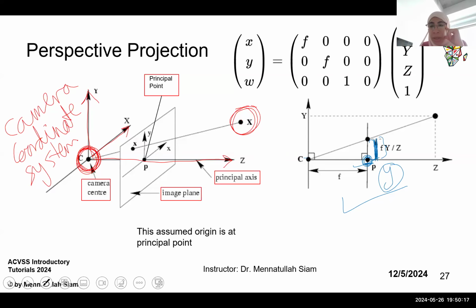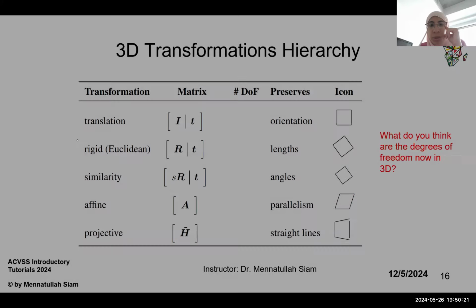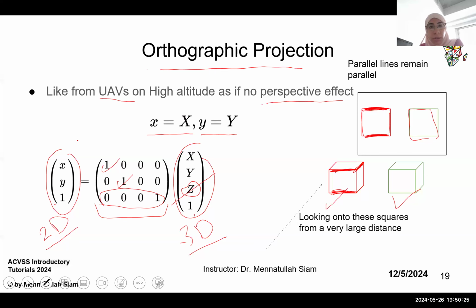It's different from the orthographic. What you're saying, I think, is referring to the orthographic, where, let's go back, you completely ignore the depth and just take the X and the Y as is. Is this what you're talking about? Yes.